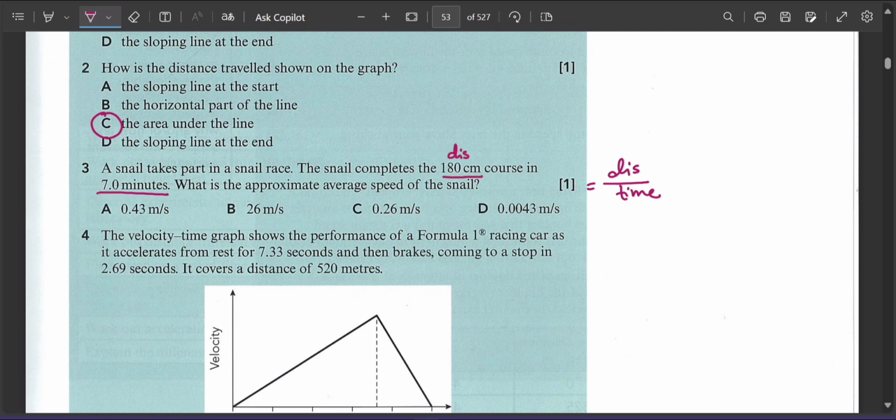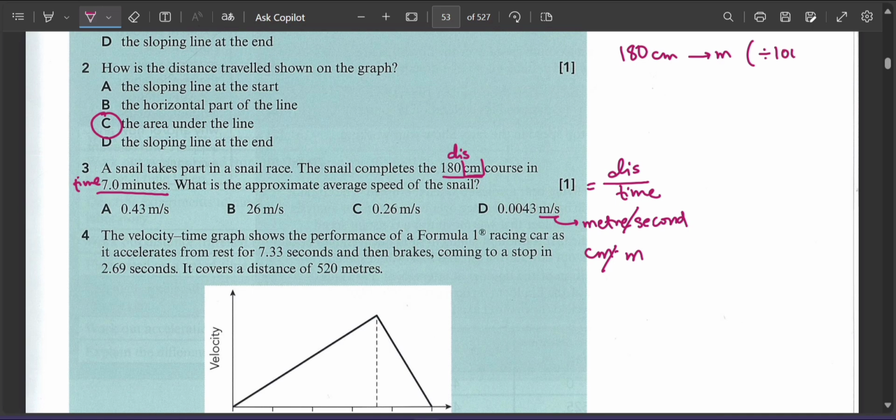In the answers we have meter per second. That means we need to convert centimeter and minutes, the units we have, to meter per second. If we have distance 180 centimeter, let's convert it into meters by dividing it by 100, right?